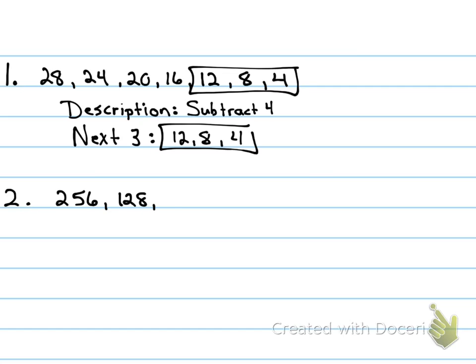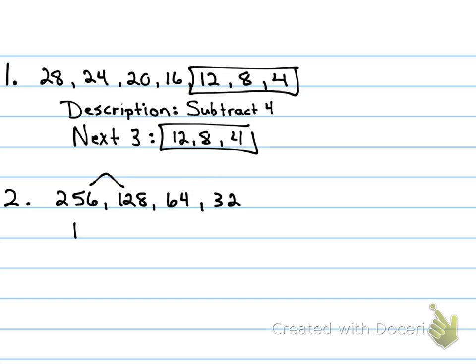Number 2, what is my pattern? Dividing by 2. Now, it may be tough on some of these to figure out the connection between your first 2 numbers. Whoa, 256 to 128, that's kind of big, but maybe you could start with the last 2, 64 to 32, see if you can figure out the pattern, and then go back to the first 2 numbers and see if the pattern fits.